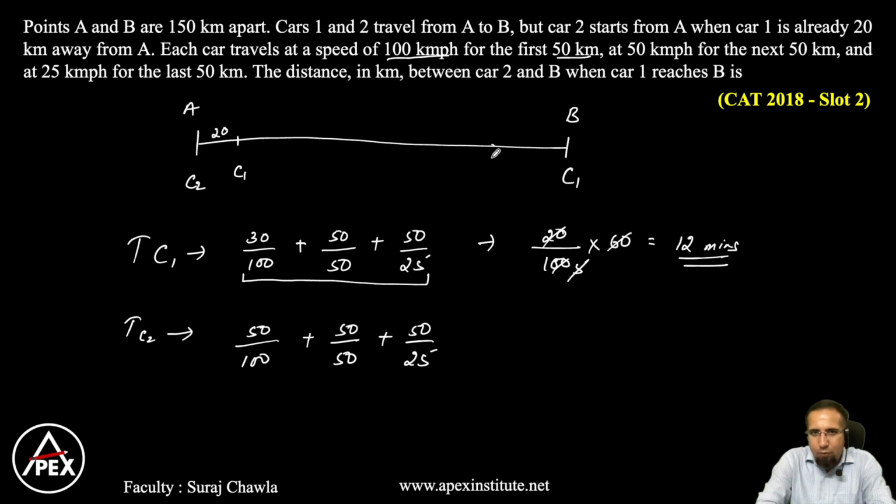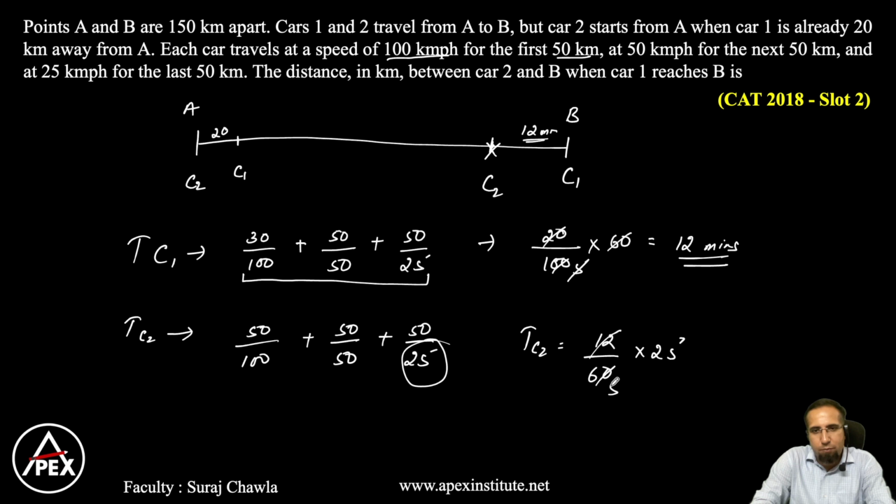I repeat, when car 1 reaches here, car 2 will be somewhere here, where car 2 will have to travel for 12 minutes. So this distance will be the distance traveled by car 2 in the last lap of 12 minutes. So, 12 by 60. Clear? 12 by 60, and in the last lap car 2 travels at a speed of 25 kilometers an hour.